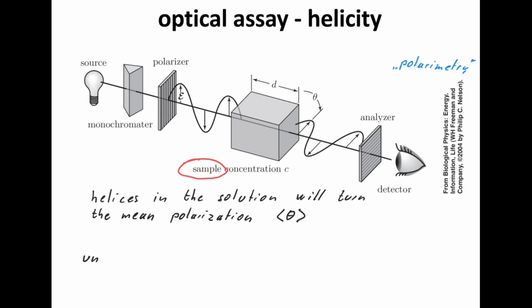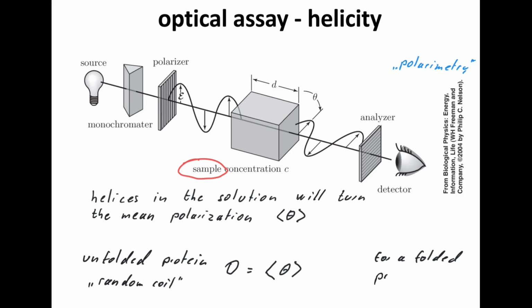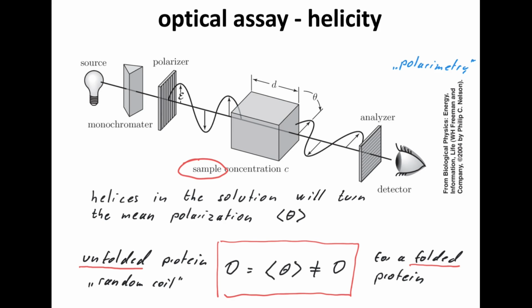If the sample would contain 100% of unfolded protein, then the change of rotation per protein would be randomly oriented, and the mean orientation or turning of the polarization is 0. Yet for folded proteins, because of helicity in those folded proteins, that does not hold, and the mean polarization would be finite.